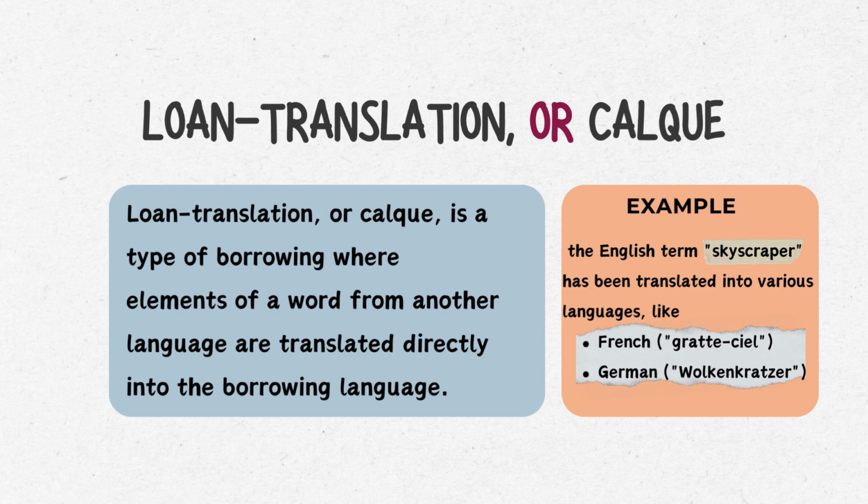The words are not borrowed as they are, but they are translated into your language. For example, the English term skyscraper has been translated into various languages, like in French, gratte-ciel, and in German, Wolkenkratzer. Okay, these two words are examples of loan translation.